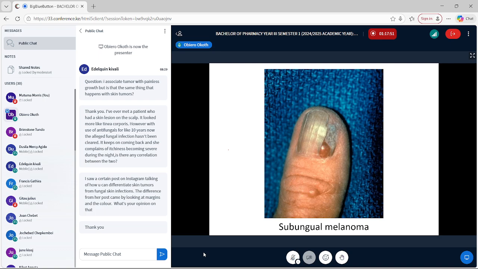This is what we call subungual melanoma. So if you see something like this, don't dismiss it as onychomycosis. Don't dismiss it as fungal. And the problem is this size most likely has already metastasized. We'll see the size that metastasizes. It's not 10 centimeters, not 100 centimeters, it's millimeters.